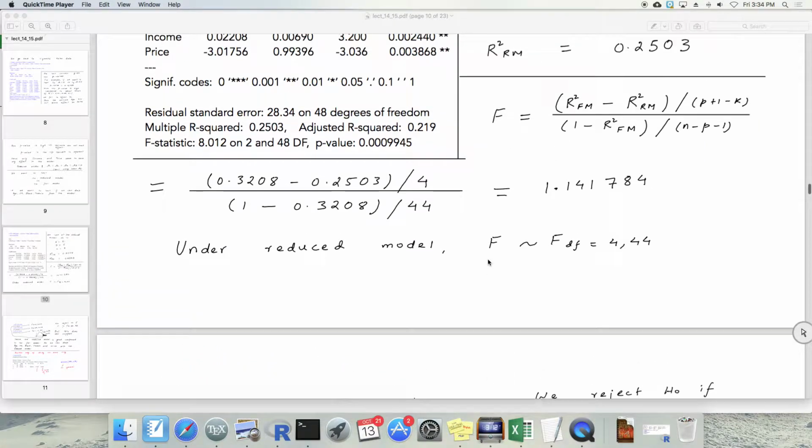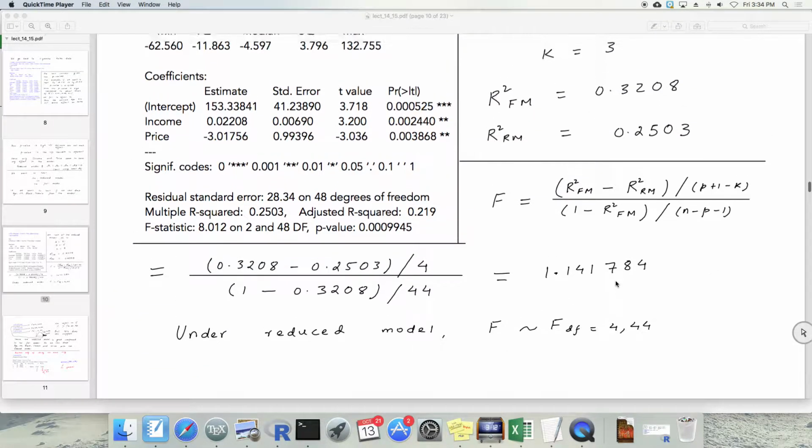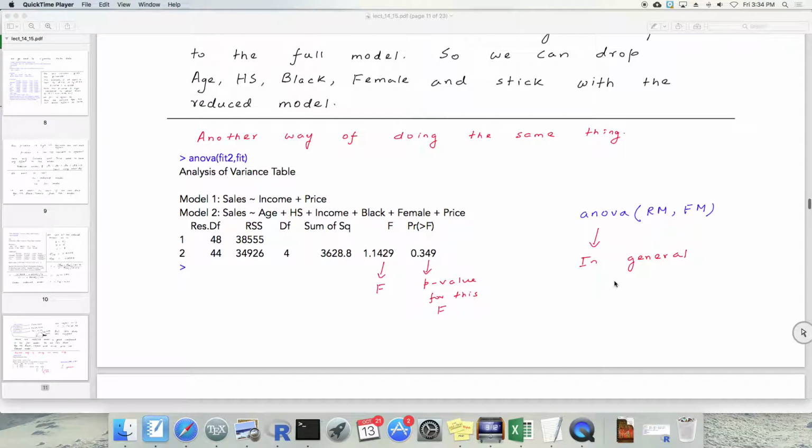And we did all this by hand, but the way to avoid all these calculations is just by doing ANOVA, reduced model, full model. That will give us a table output like this. It has a lot of stuff, but you just look at the last two, F and the p-value.